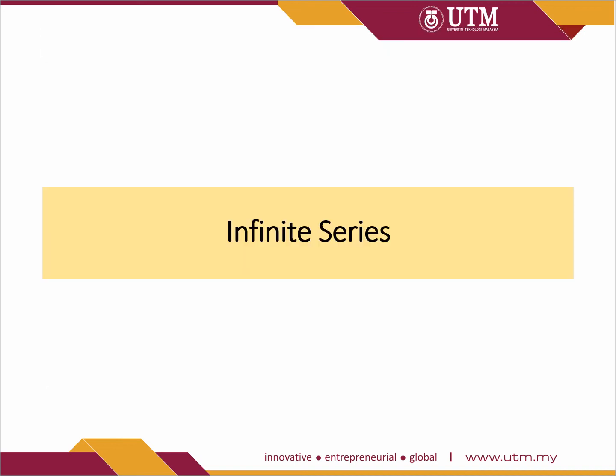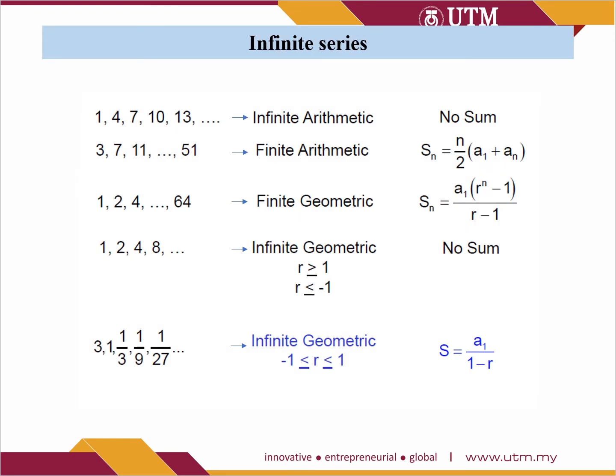Then we proceed with infinite series. So here, given that this is the infinite arithmetic, where arithmetic means that in order to get the next term, we have to add a certain value. So here the example is 1 plus 3, we get the second term which is 4, 4 plus 3 we get 7, and so on.